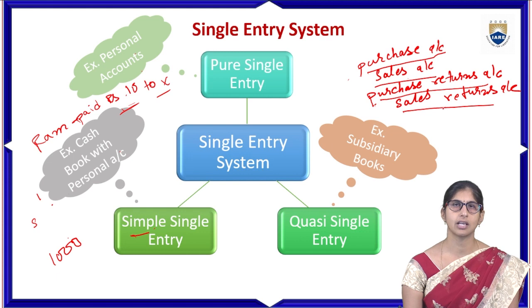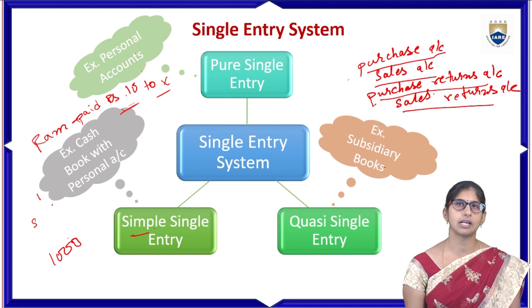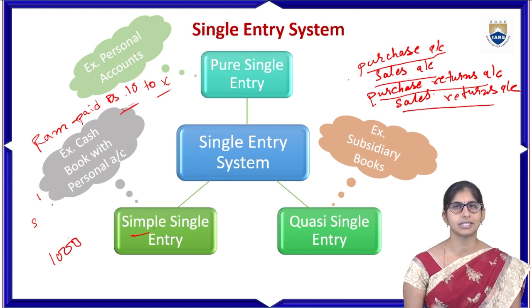So sales minus sales returns gives the net sales, how much of sales we have made during a particular duration. That kind of account is also maintained in a single entry system. And here there is no debit, there is no credit. We don't bother about what is the profit, what is the loss, what is the financial condition of the business.